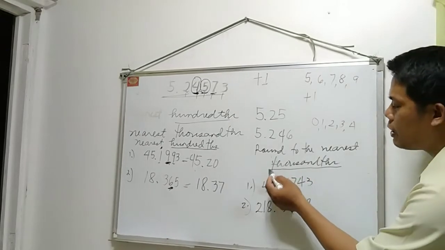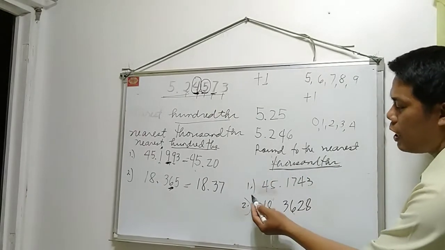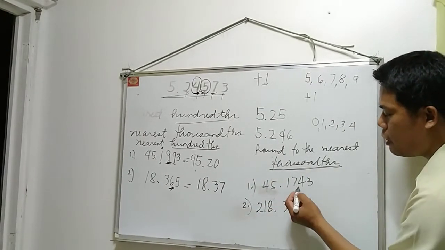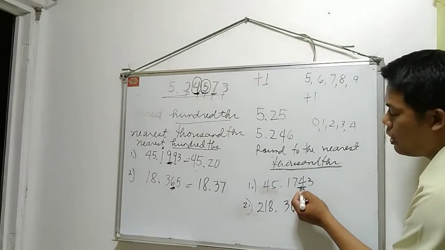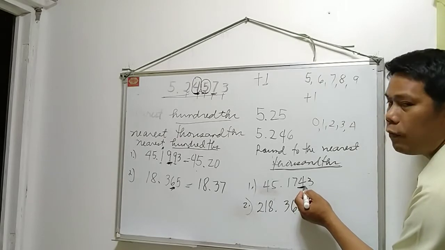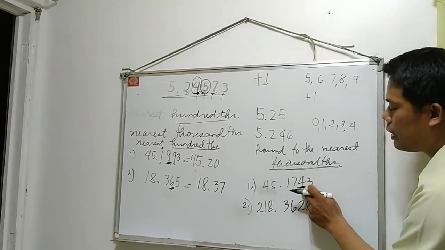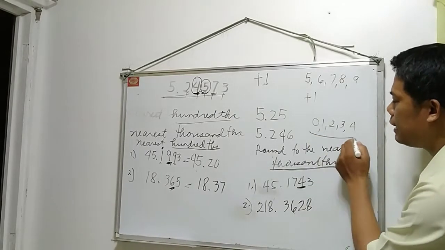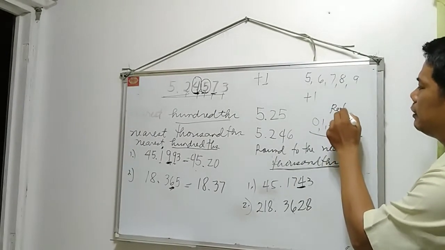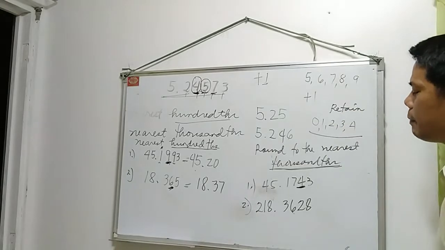So we have thousands. So in number 1, our thousandths digit here is 4. Can you follow? Our digit to be rounded off is 4. Then the right side ni 4 is 3. So sabi niya, kapag ganun lang, retain. Ganun pa rin siya. Walang mapabago. 4 pa rin siya.